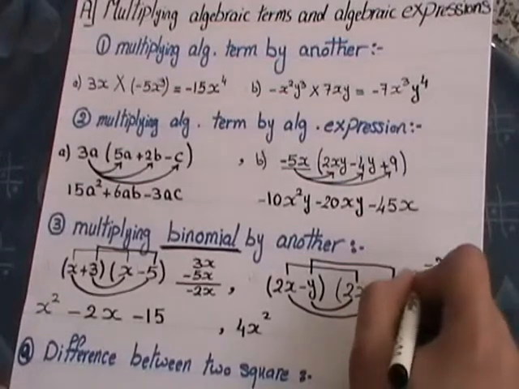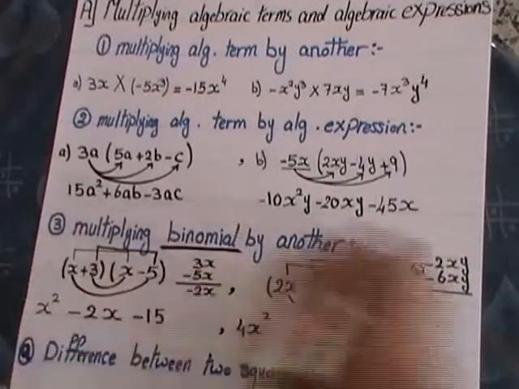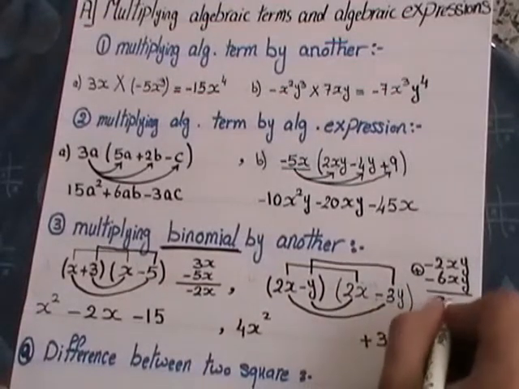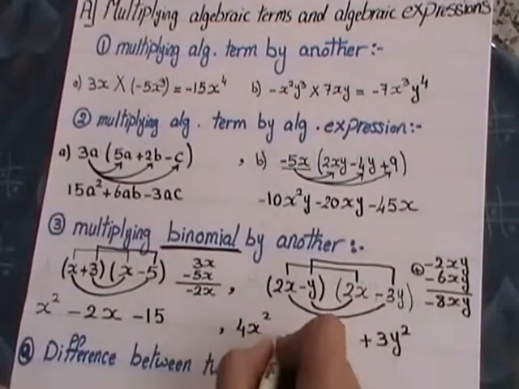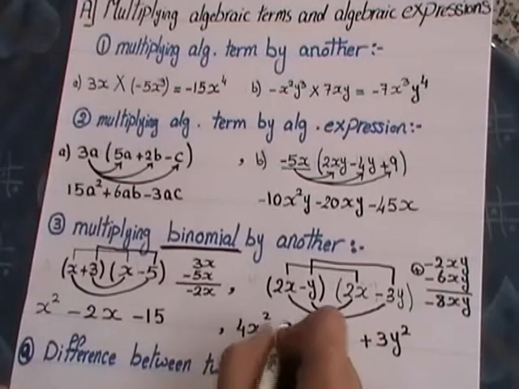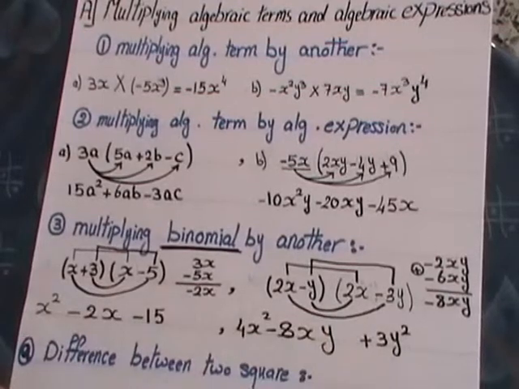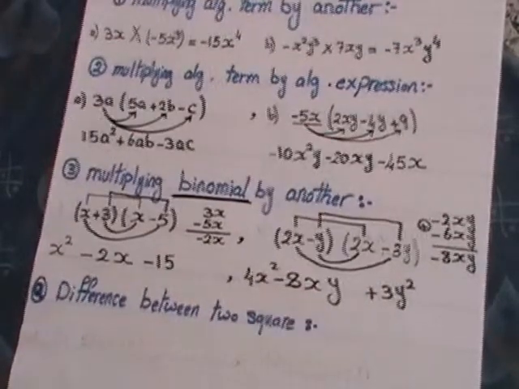We add them. The result will be negative 2 plus negative 6 equals negative 8xy. Right here, negative 8xy. And this is called the middle term.